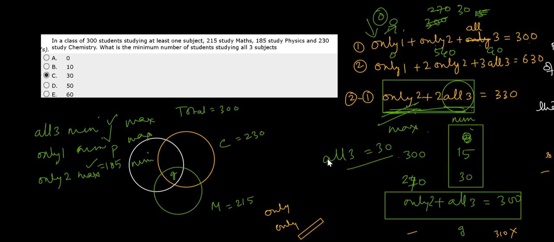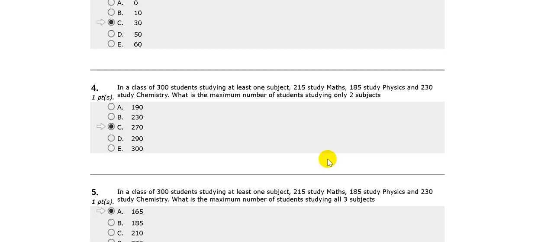So we have found the minimum value of all 3, so the maximum value of only 2 would be the corresponding value. We found out only 2 is 270, correct? So that is what is asked in the next question.